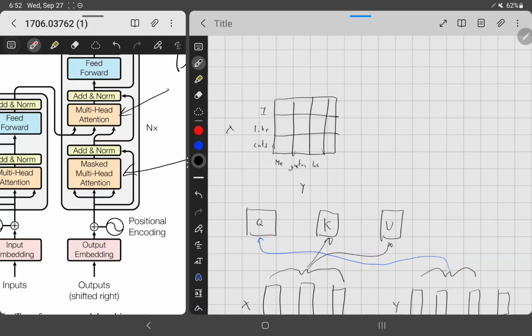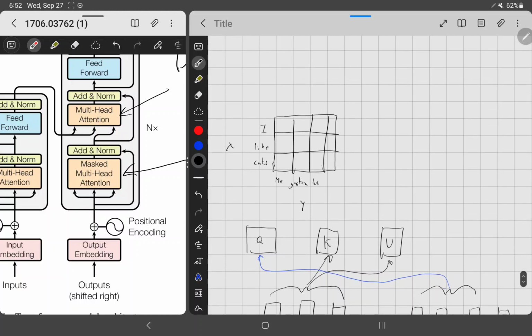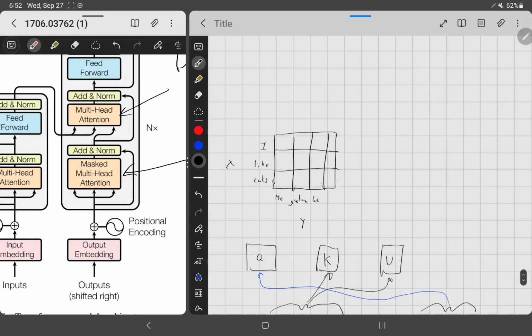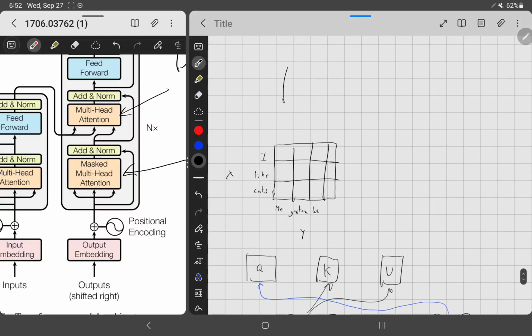Maybe we have just me gustan los, and you want to predict the word gatos. Then the input sequence I like cats is sending information to the sequence to inform it, hey, you need to generate the word cats. That's what it's kind of doing. It's arbitrary in how it actually does that, because it'll learn that.